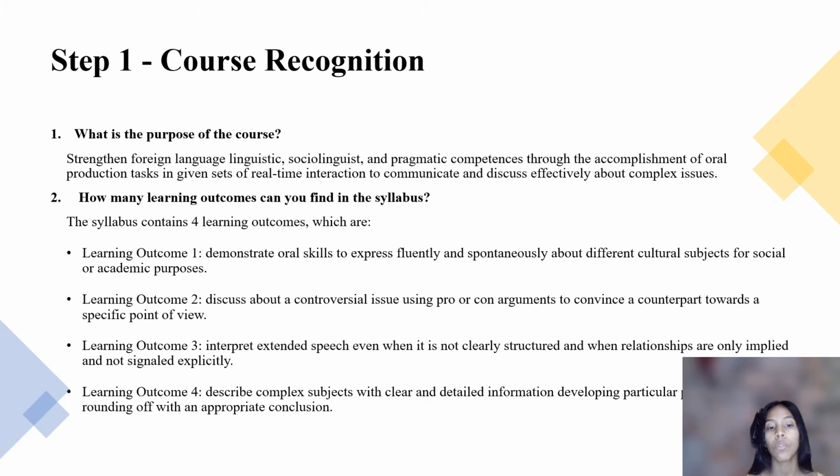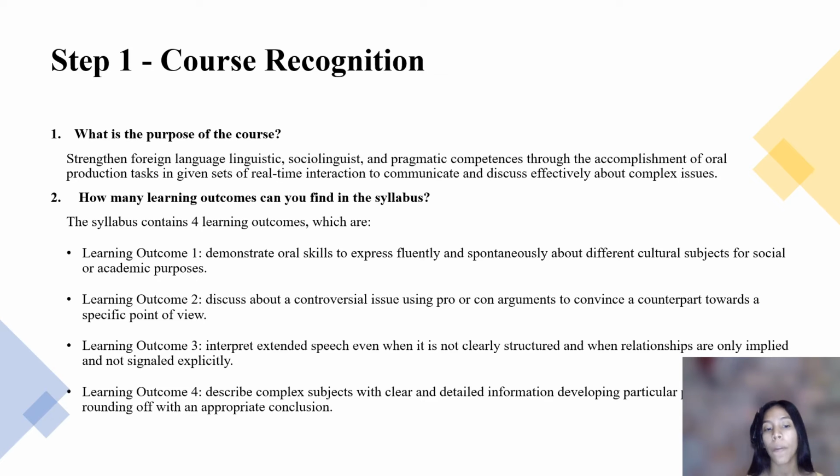Learning Outcome 2, discuss about a controversial issue using pro or con arguments to convince a counterpart towards a specific point of view. Learning Outcome 3, interpret standard speech even when it is not clearly structured and when relationships are only implied and not signaled explicitly.